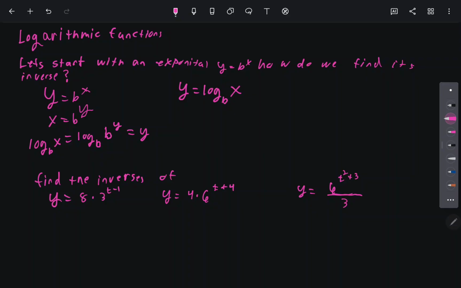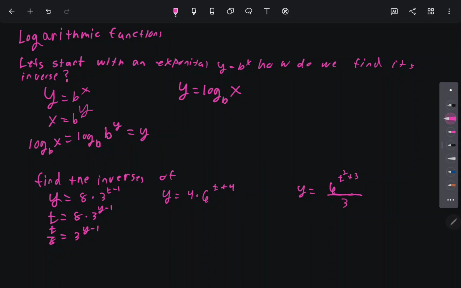Okay, in order to find the first one, we are going to start by once again swapping our y's. And this time we're using t as our variable, but that doesn't matter. So it's going to be t is equal to 8 times 3 to the y minus 1. So t divided by 8 is going to be 3 to the y minus 1.